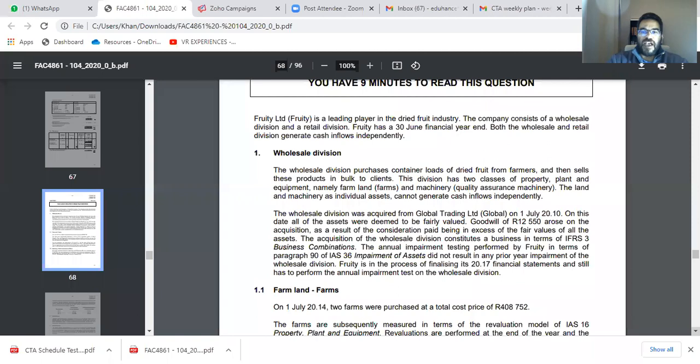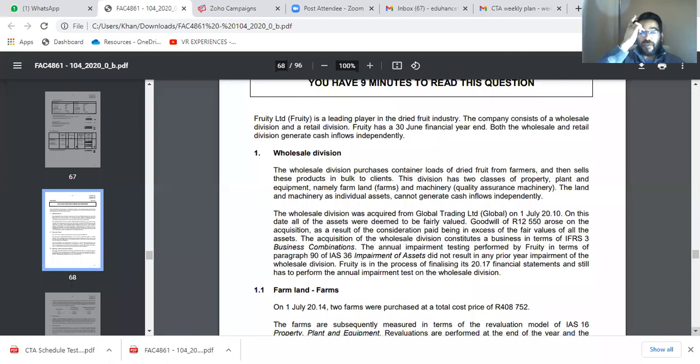This division has two classes of PPE, namely farmland, which is farms, and machinery, quality assurance machinery. The land and machinery as individual assets cannot generate cash inflows independently.